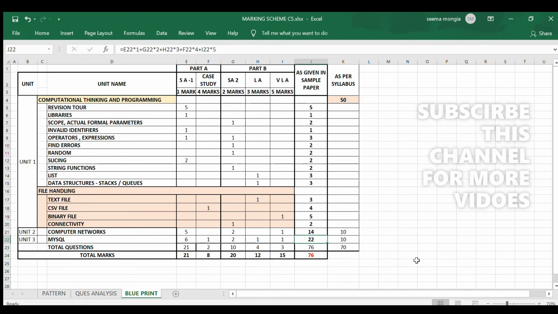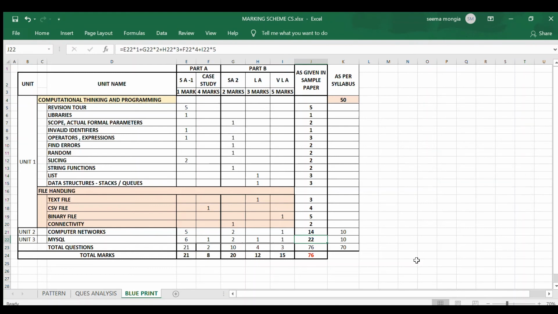If we think the board paper is coming as per the sample paper being released, then it will be a happy situation for the students, because throughout these many years of my personal experience, I have realized that students find the MySQL part comparatively easier and scoring, and they are sure-shot questions where they hardly lose any marks. So if the weightage is increased in MySQL, then they are obviously on the safe side.